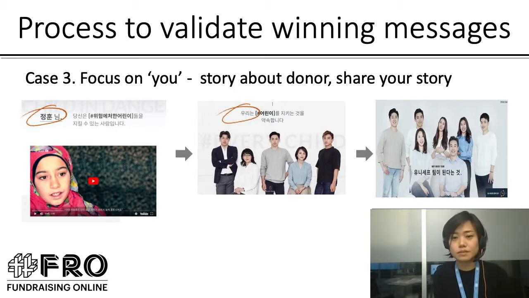So what UNICEF Korea did is create a one-page campaign using their donors, and then turned it into a full-blown annual campaign, which has currently been running for over 2 years, although there have been slight changes in messages, content and themes as well.